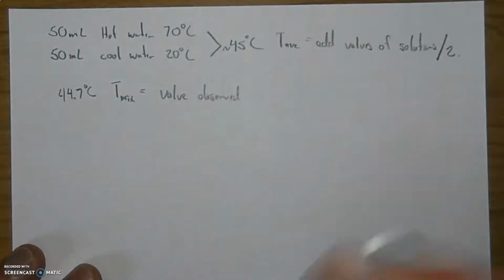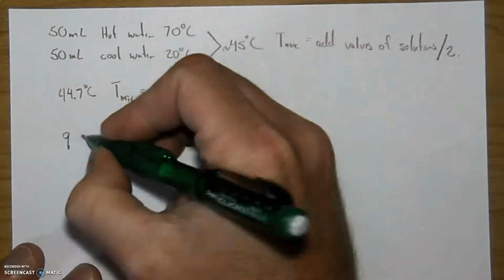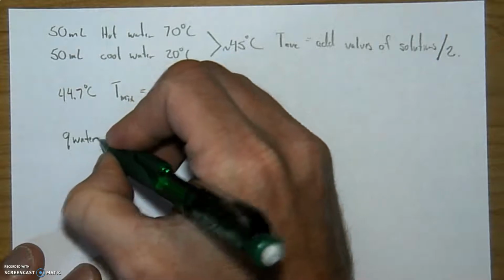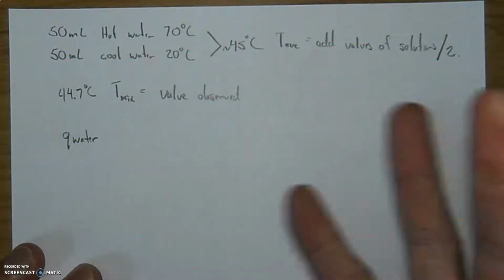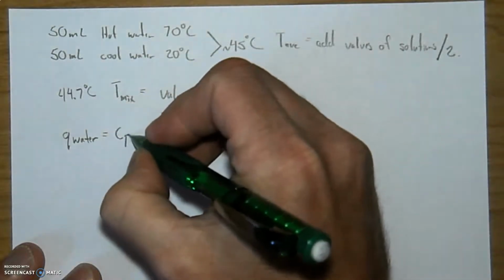Now, something else just to be aware of is when you measure a temperature of a water solution or a reaction solution, you're not really measuring the temperature of the reaction. You're measuring the temperature or the energy of the water. That's on the receiving end. That's the surroundings that you're actually measuring the temperature for.